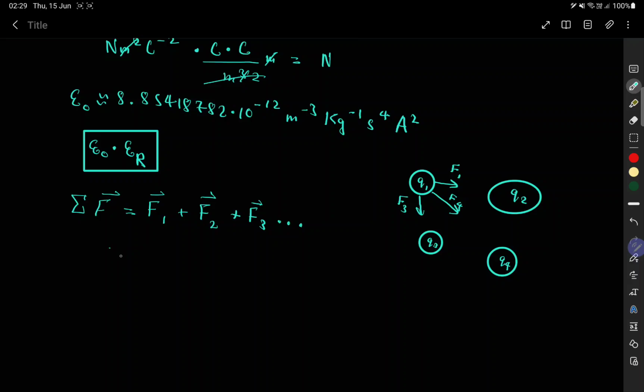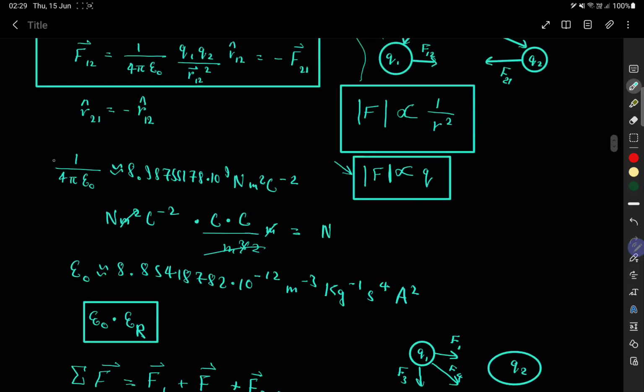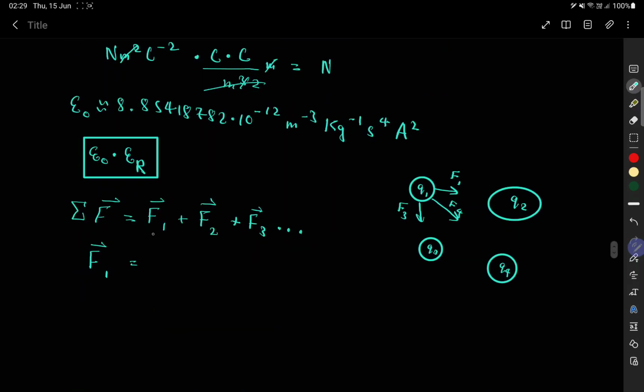So since we have so many forces being applied on one another, we get that F1, I'm using 1 to refer to the fact that this is the force experienced by charge 1, should equal, I'll just be writing 1 over 4 pi epsilon naught as k, Coulomb's constant, just to make it easier to do the maths really quickly. So k, we have Q1, Q2, and we have R, which one was this?